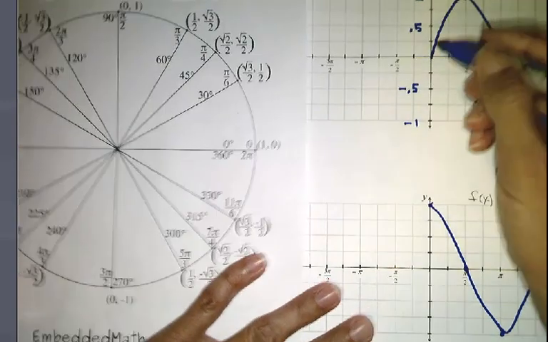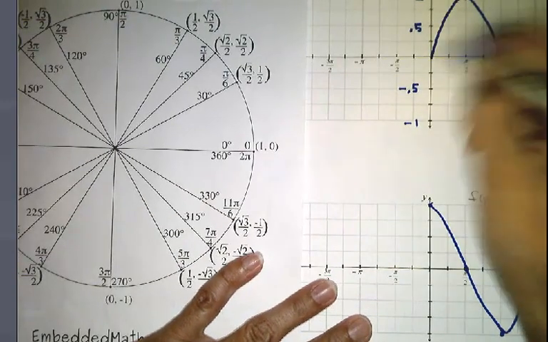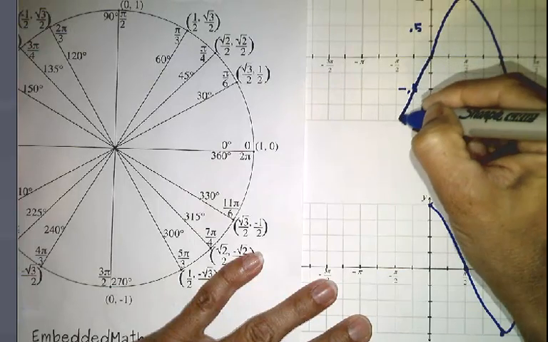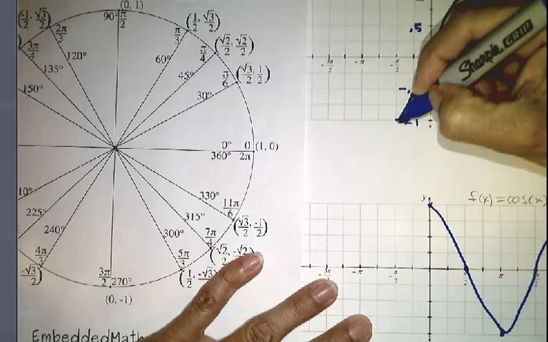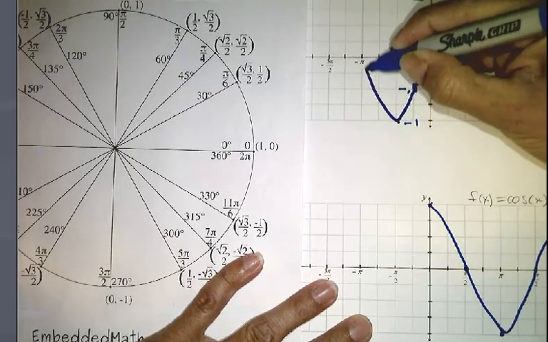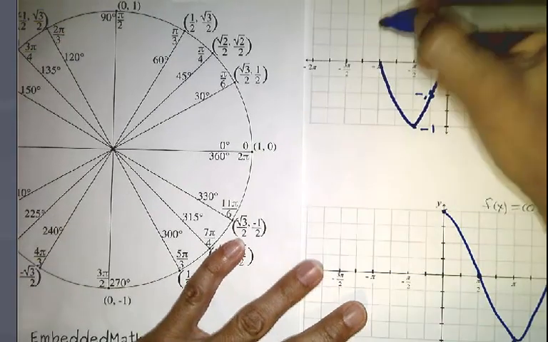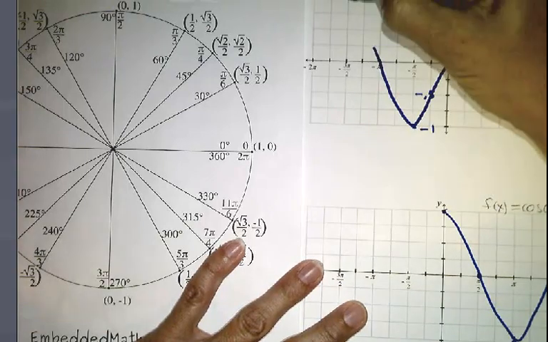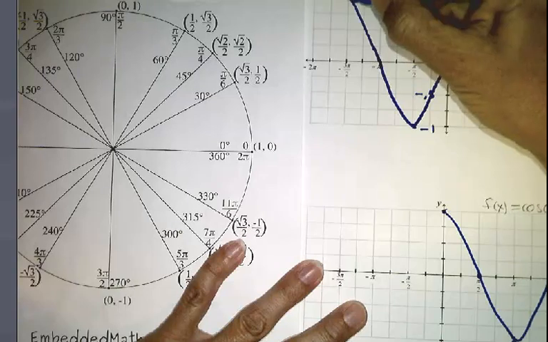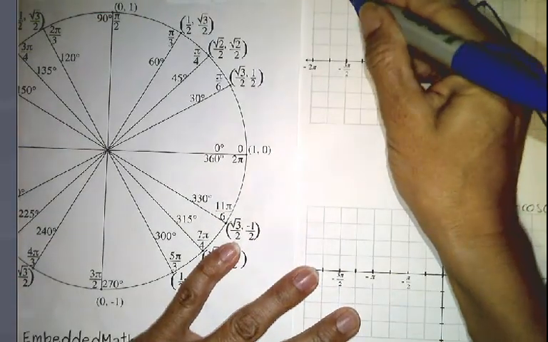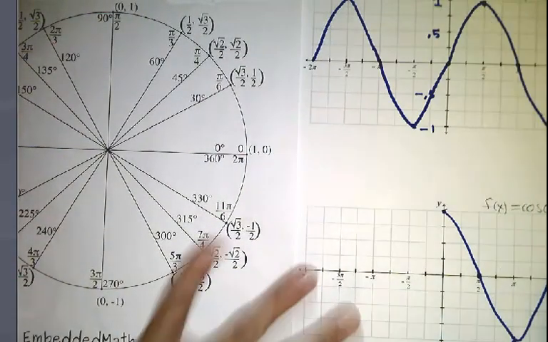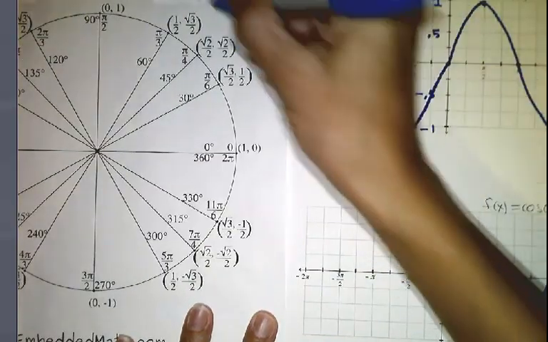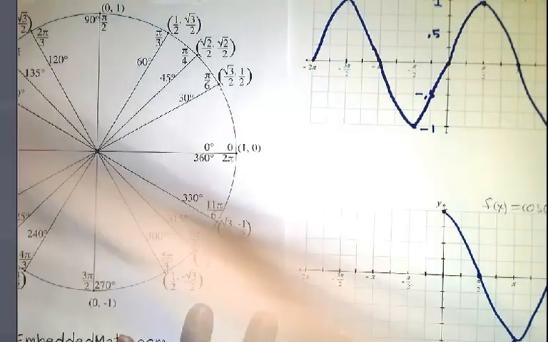And so what that's going to give me is a graph that looks like this. And then we're going to curve back up and hit pi. And then we're going to keep going till we hit 1 up there, and then back down to 2 pi. And if I keep going, I will repeat the sine graph in the negative direction in the same way.